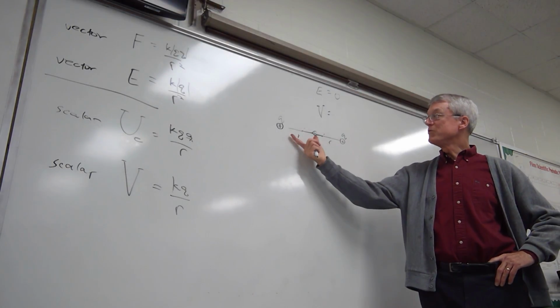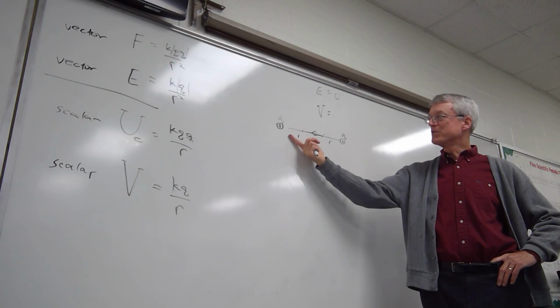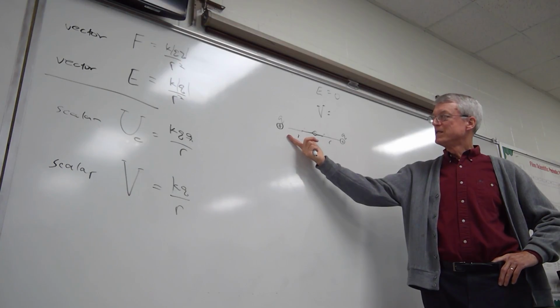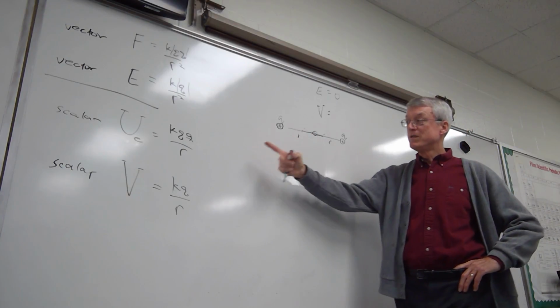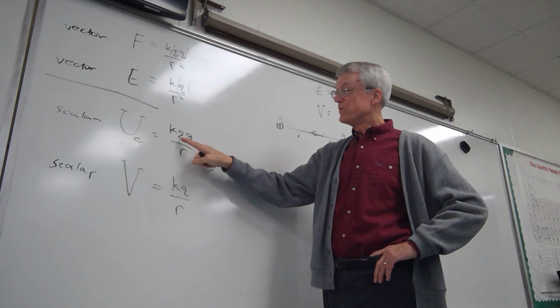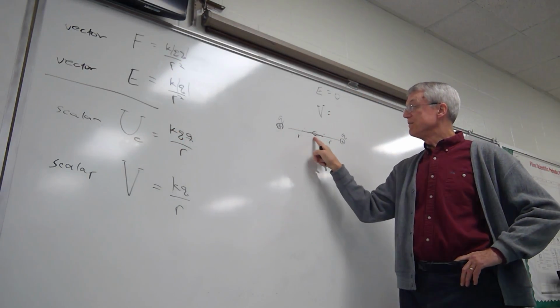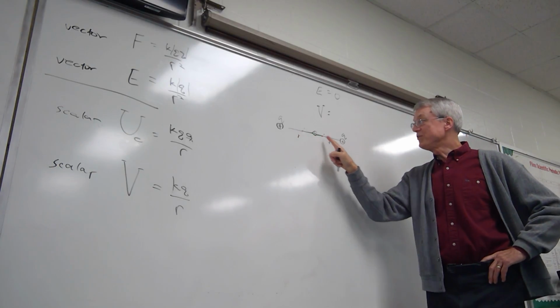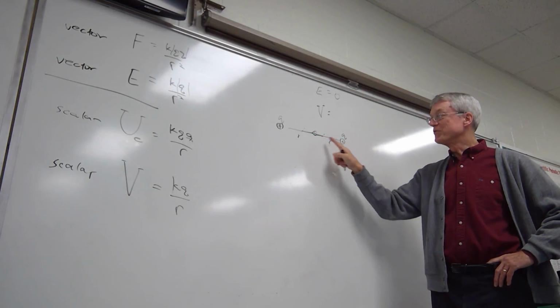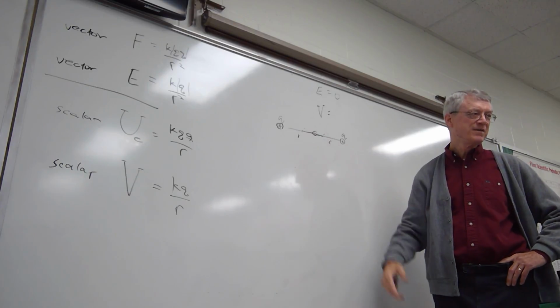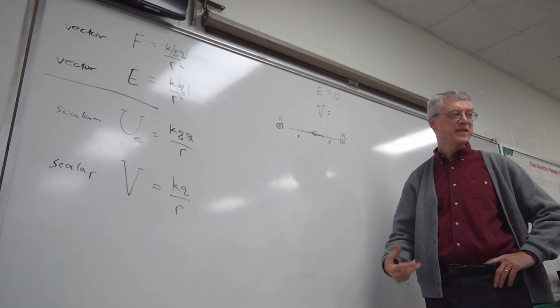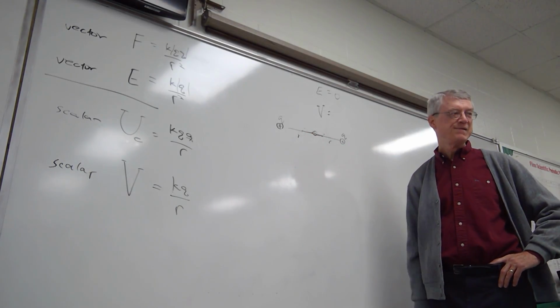Well, you would go KQQ over R, and it's not the absolute value, so that U would be negative because one of the charges is negative. And then you do it again for these two, well, that's negative also. So the net U would be negative. You just add them together, but it'd be negative. A negative plus a negative.